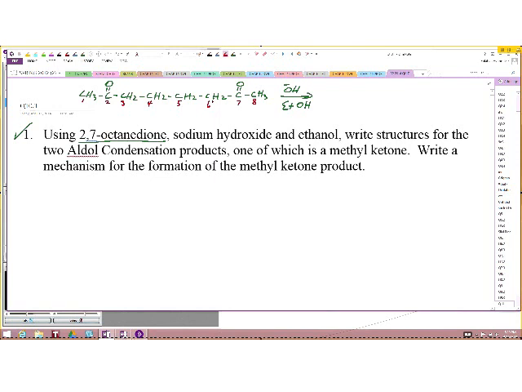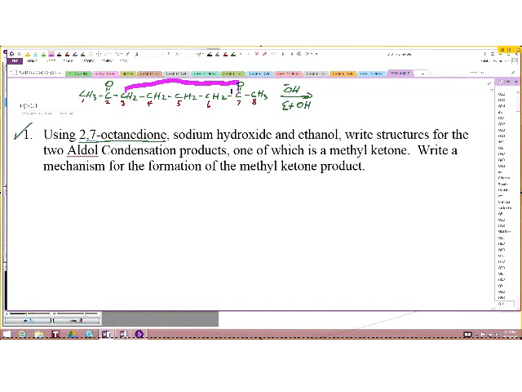Does it really matter which one? Okay, just give me a number. Which one? 3? Okay. So if we say we are going to generate the enolate anion here, what in essence you are telling us is that if we generate the enolate anion here, therefore we are going to join these two here, and then we form a carbon-carbon double bond between carbon number 3 and carbon number 7.